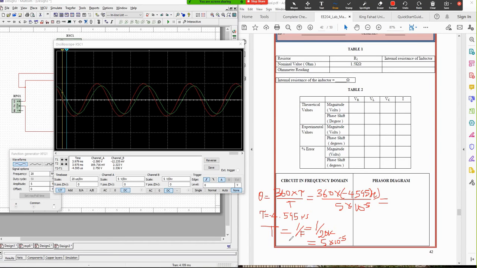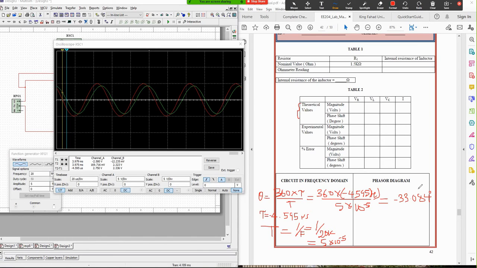When we use our calculator, we have 360 times minus 4.595 micro divided by 5 minus 5. We have minus 33.084 degrees.